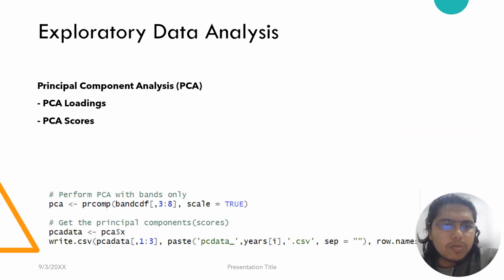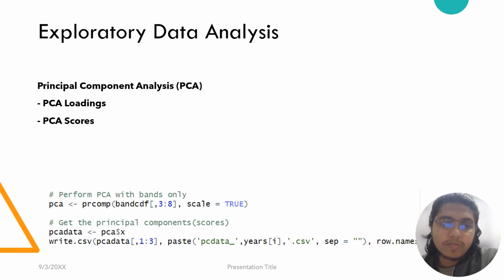Later on, we also performed principal component analysis, or PCA, on our dataset, because there is a huge correlation between the data. We had to make sure our classification is not biased, and we also wanted to reduce the dimensionality of the data.